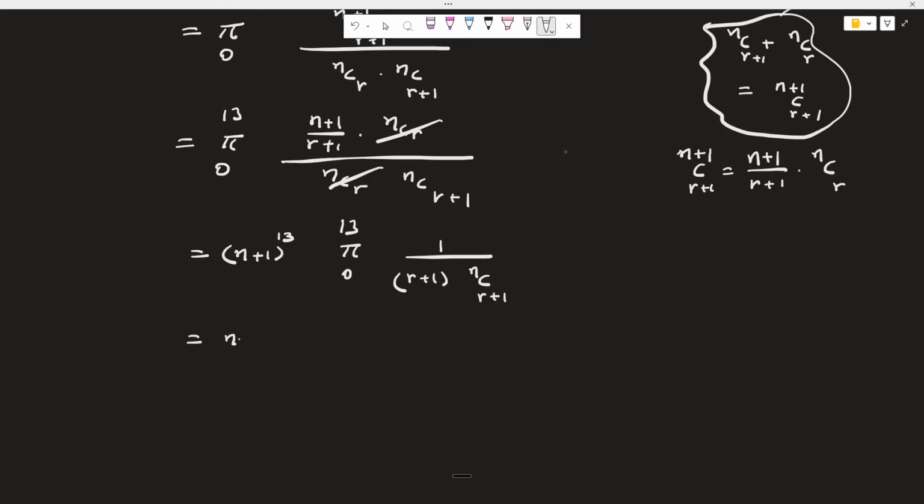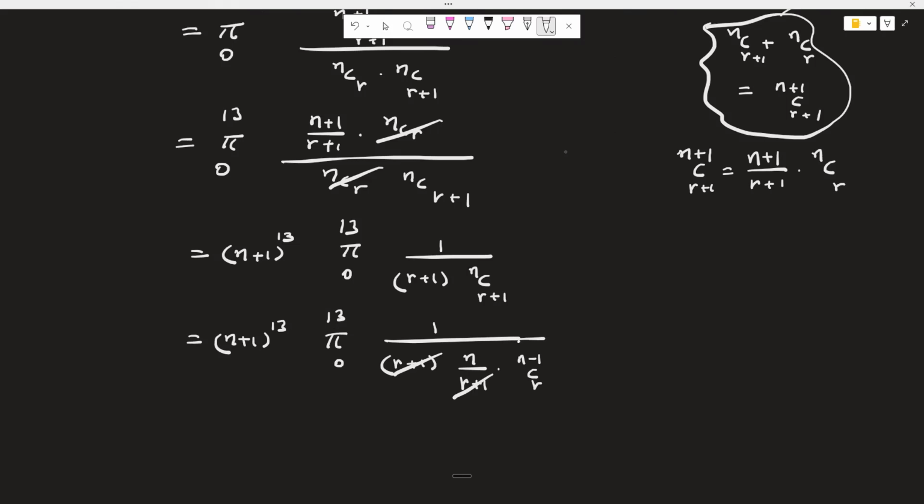So again, N plus 1 power 13, cyclic multiplication pi from 0 to 13, 1 divided by R plus 1. Again, you can write N by R plus 1 into N minus 1 CR. Here R plus 1 got cancelled.